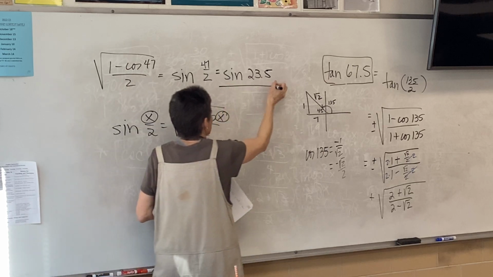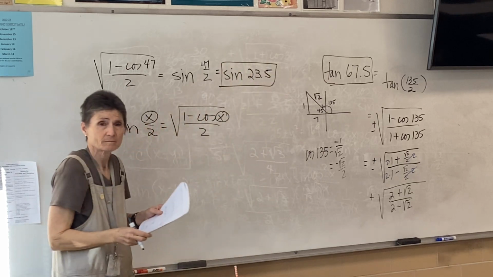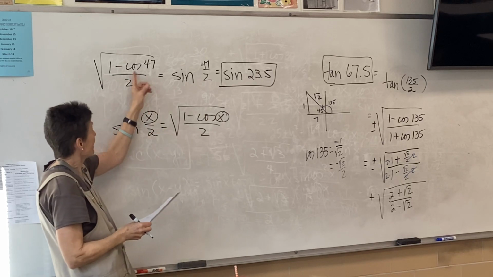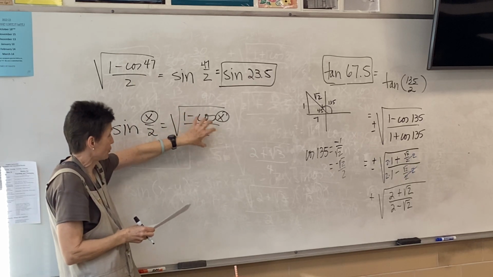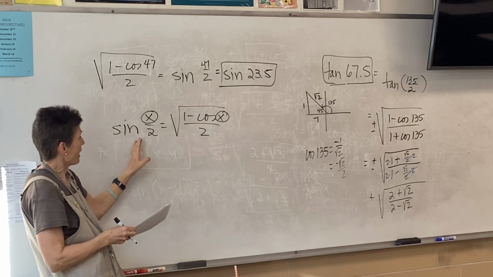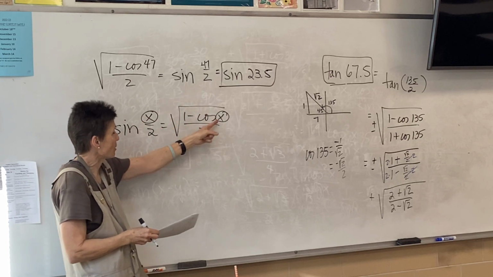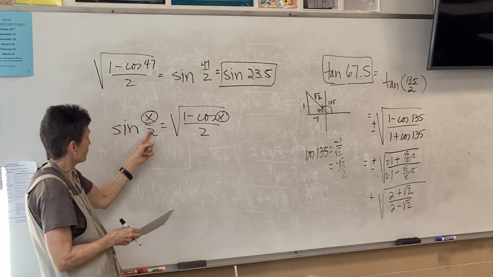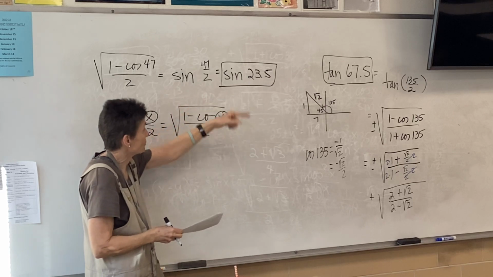So that is the answer to the question. Your formula, when you saw 1 minus cosine over 2, you should have looked for this formula, which happens to be the sine of x over 2. Those x's are the same. So since that's a 47, this is a 47, and 47 divided by 2 is 23.5.